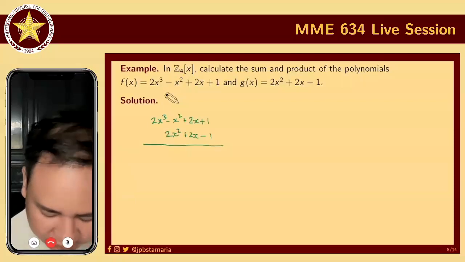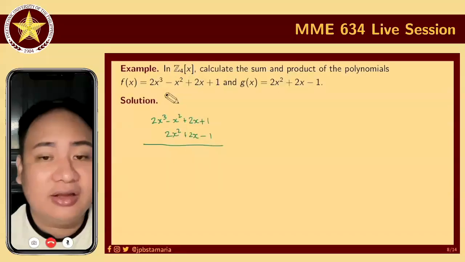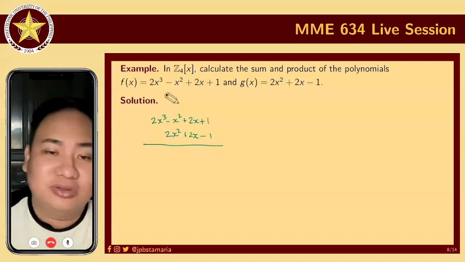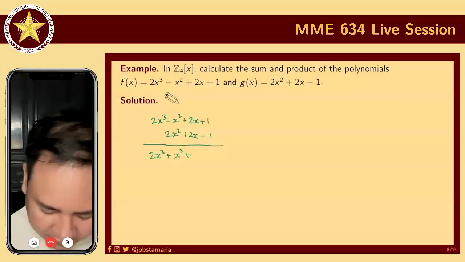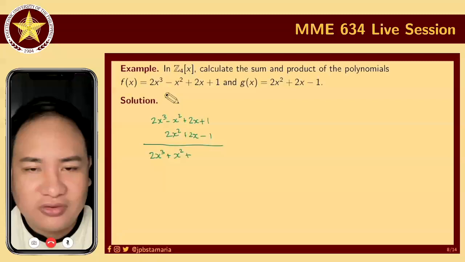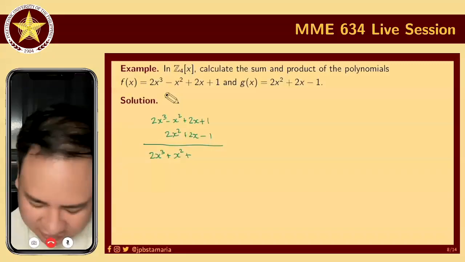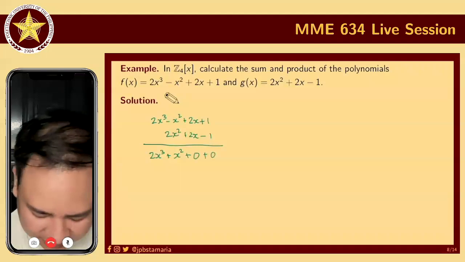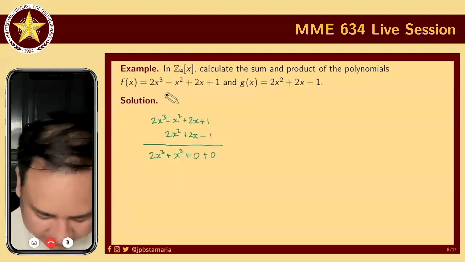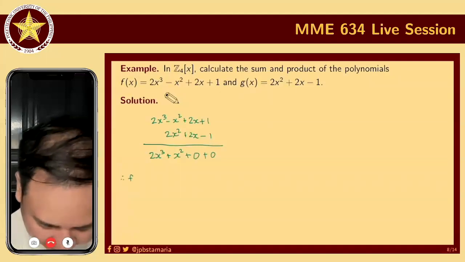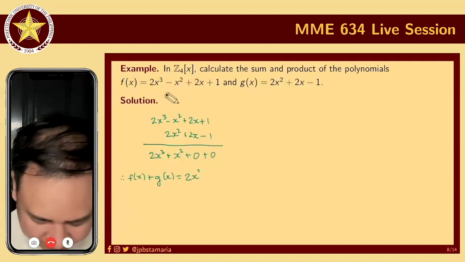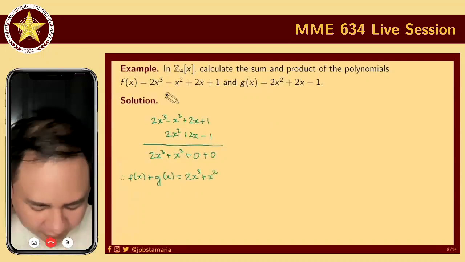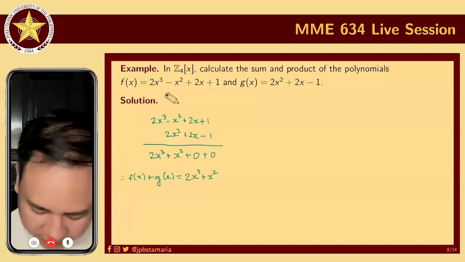Tapos, add mo lang as usual. Tatandaan nyo lang na kapag lumagpas ka sa 4, you have to do it modulo 4. So, 2x cubed plus x squared. Tulad nito, 4x. Ano yung 4x sa Z sub 4 square bracket x? 0. Oo, 0 yun. So, you don't need to write. Ito rin, 0 na rin to. So, the answer is 2x cubed plus x squared. How about the product? Pwede nyong gawin yung tinuro ko kanina.